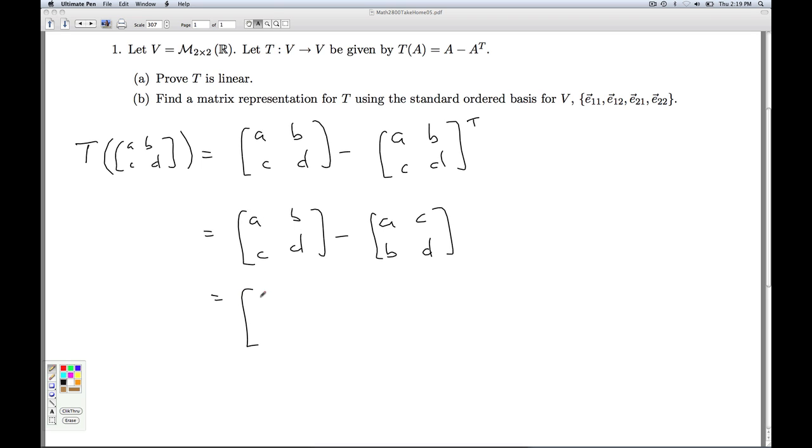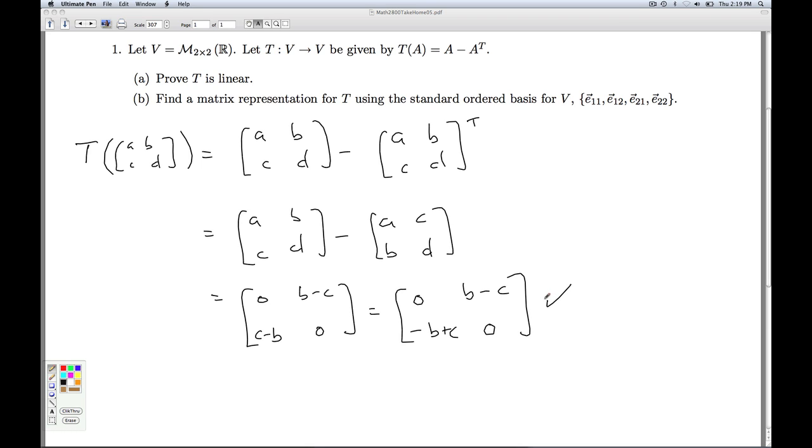A minus A is 0, B minus C, C minus B, D minus D. And if I just rewrite things just a little bit, you'll see that's exactly what I got before.